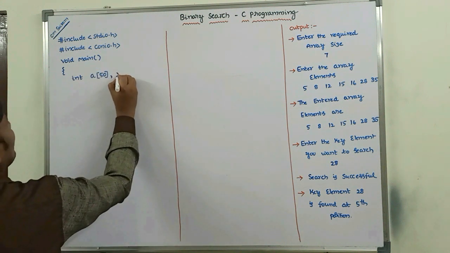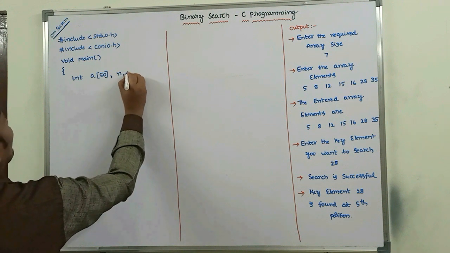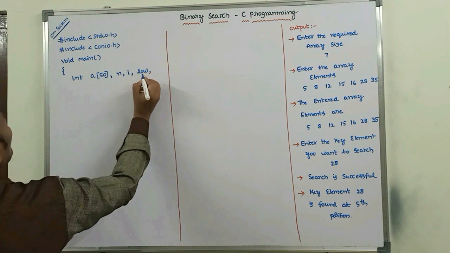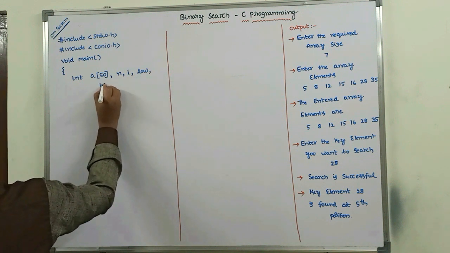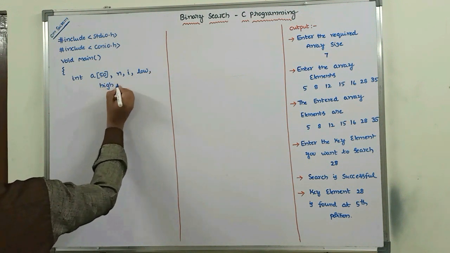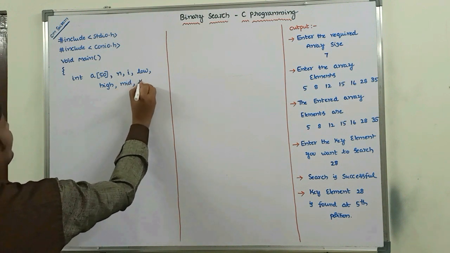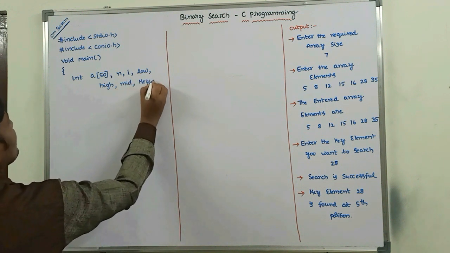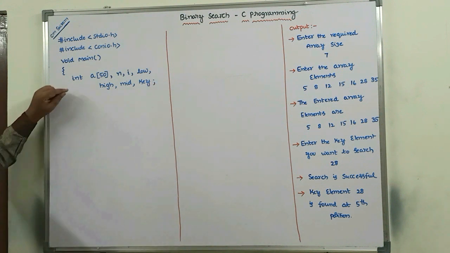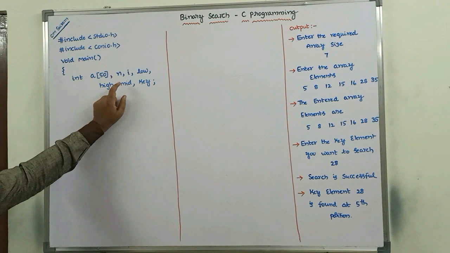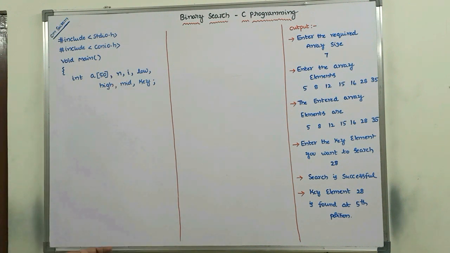Comma n, comma i, low, high, mid, key. These are the variables I am declaring in this program. Why are we taking these variables? When we are explaining the program, I will tell.